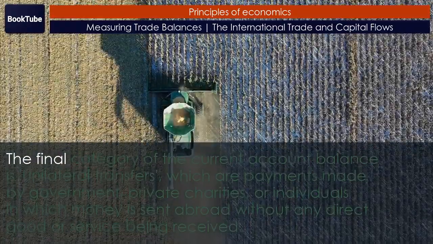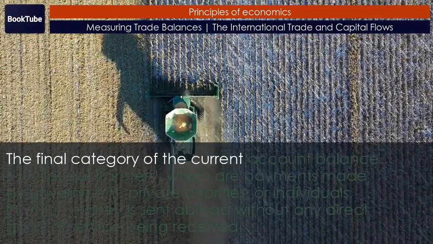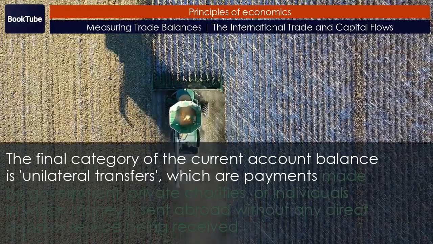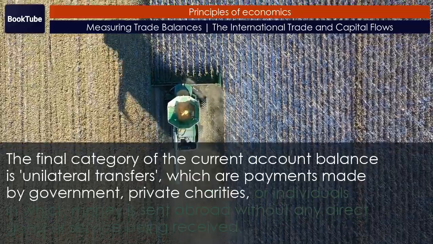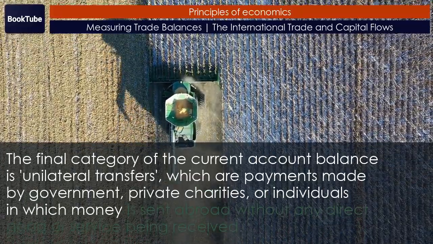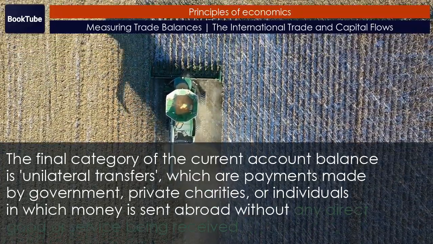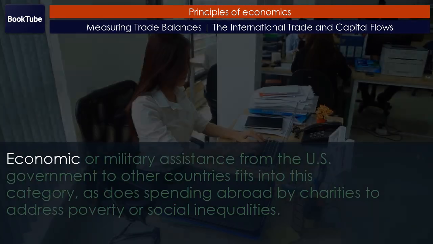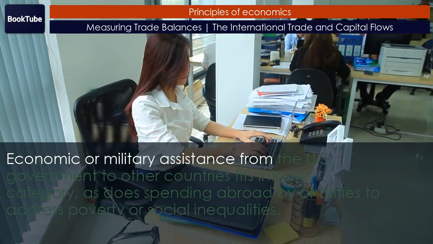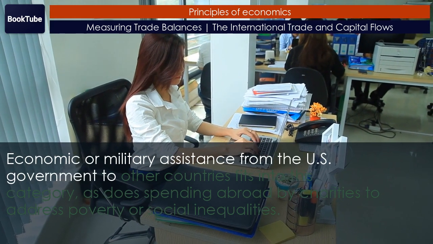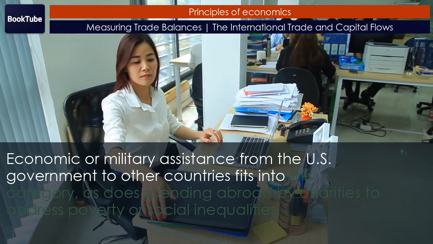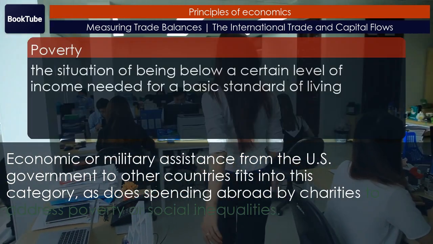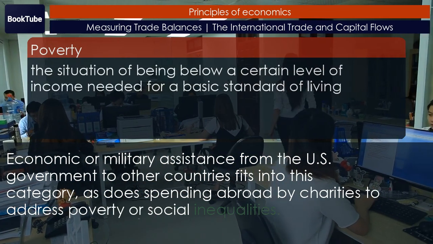The final category of the current account balance is unilateral transfers, which are payments made by government, private charities, or individuals in which money is sent abroad without any direct good or service being received. Economic or military assistance from the U.S. government to other countries fits into this category, as does spending abroad by charities to address poverty or social inequalities.